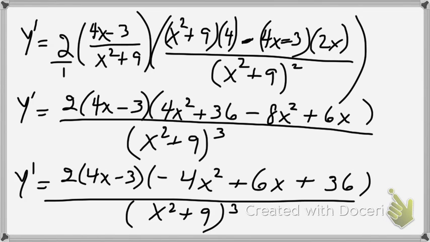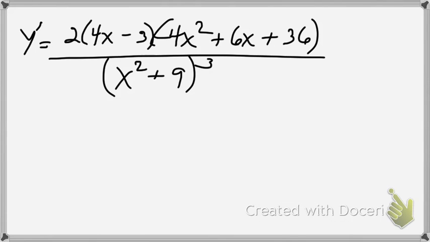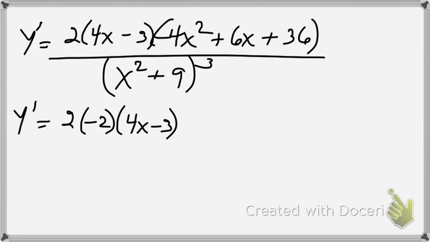I could take out a 2. While I'm at it, I could take out a negative 2. If I do factor out a negative 2, well, I already have a 2 waiting. So I would have 2 times negative 2 times 4x minus 3.